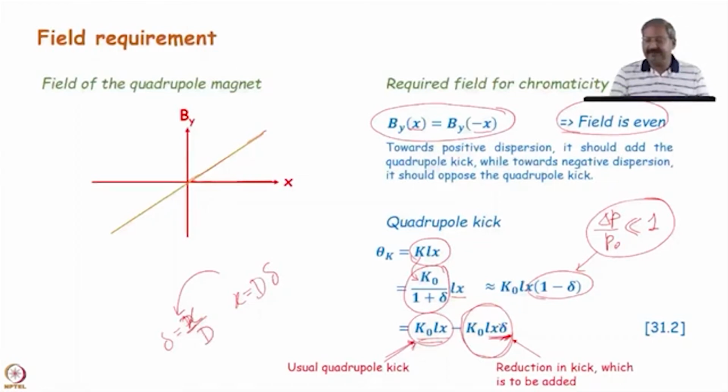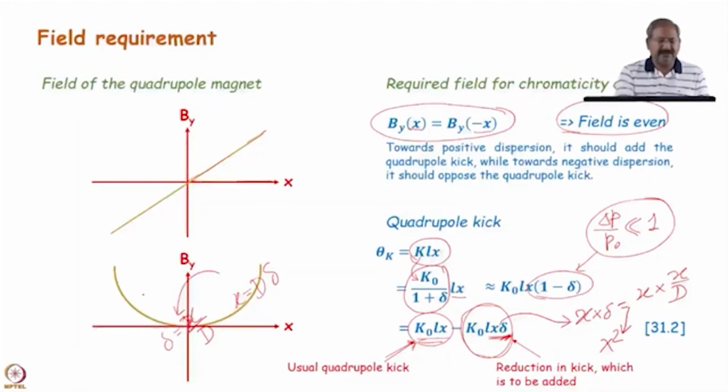Now if we put x into delta equal to x into x by D, this quantity varies as x square. Means the field should be even and it should vary with x square. Means this should be the field profile like this.